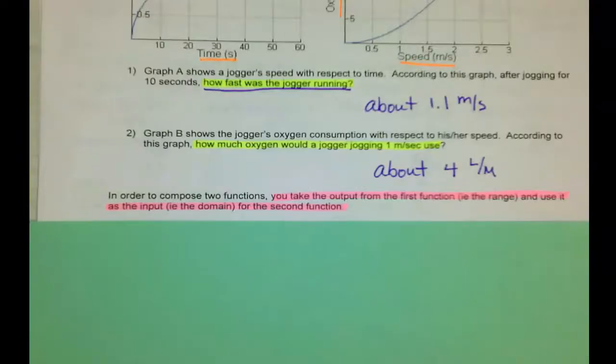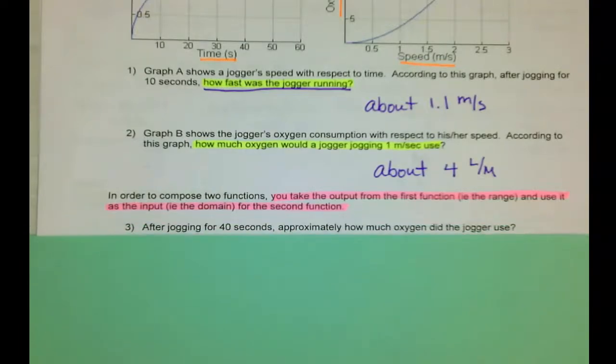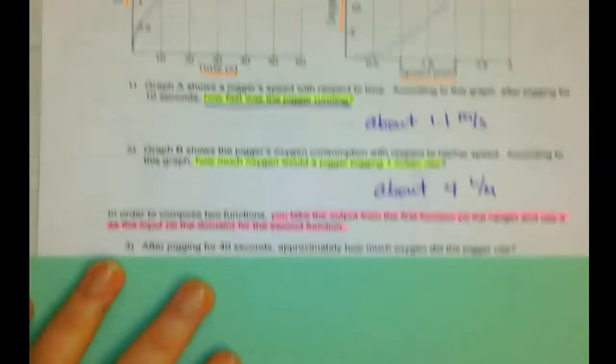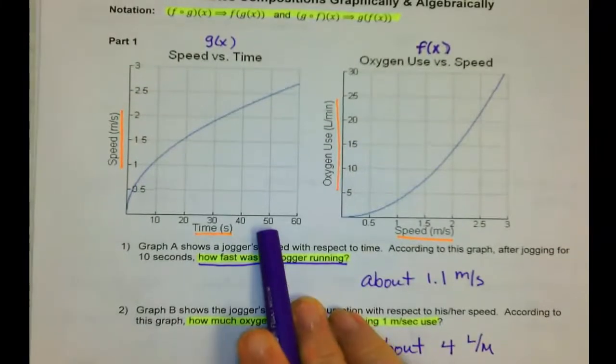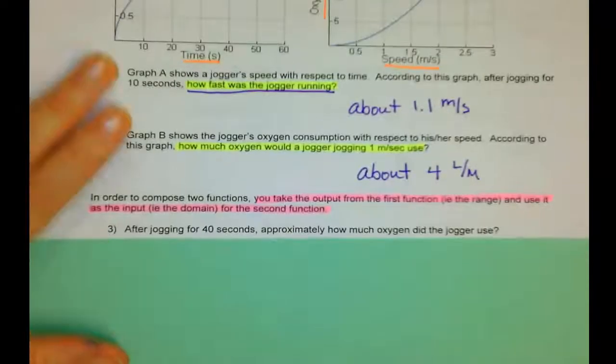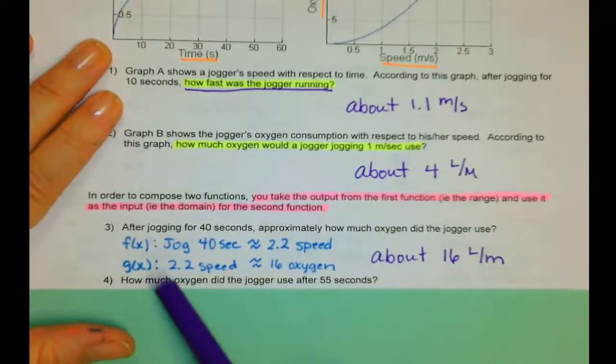So in order to compose two functions, you take the output from the first function, and that would be the range, and use it as the input or the domain of the second function. So for instance, in this problem, we want to know after 40 seconds, approximately how much oxygen did he use. So what we do to find that is we go to graph f.